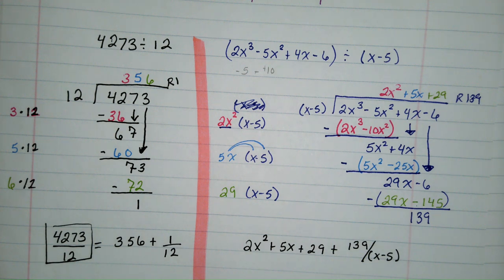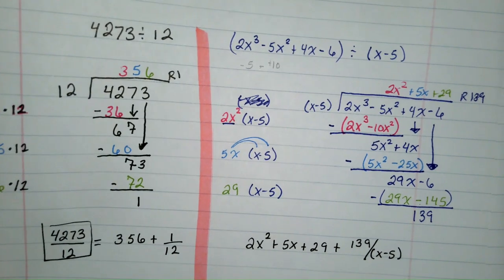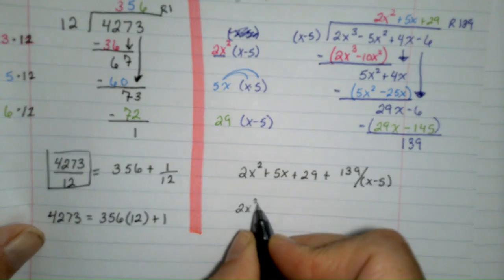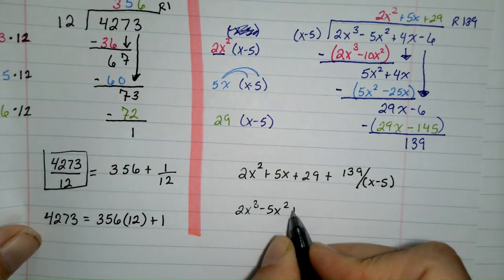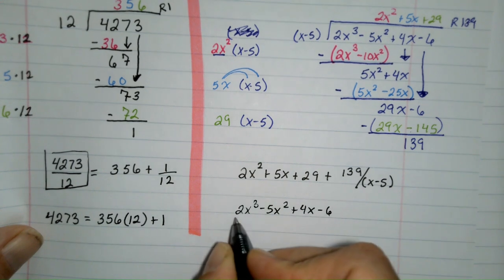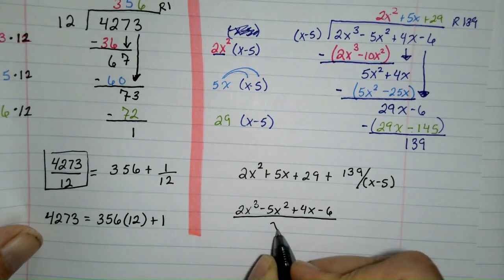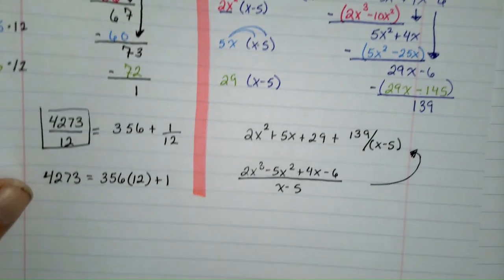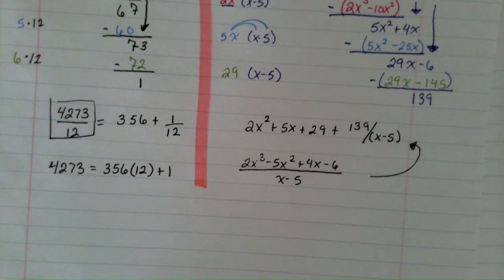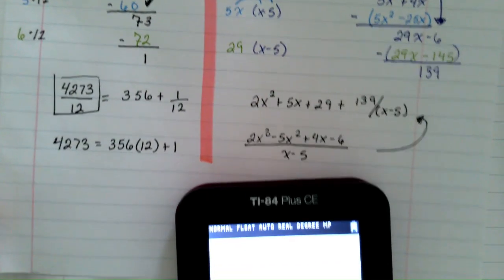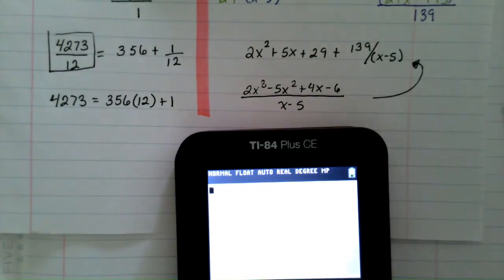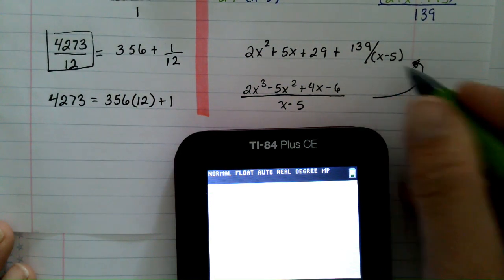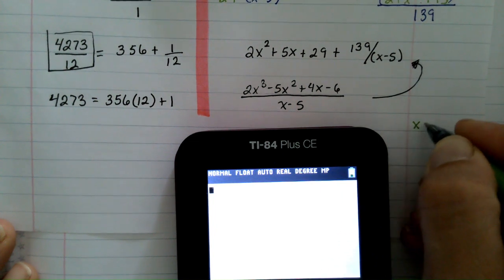There is a really cool trick about the remainder theorem. This problem was originally 2x cubed minus 5x squared plus 4x minus 6 divided by x minus 5. And when we did that, we got this answer. Now, hopefully you would agree that the number that zeroes out the x minus 5 is 5.